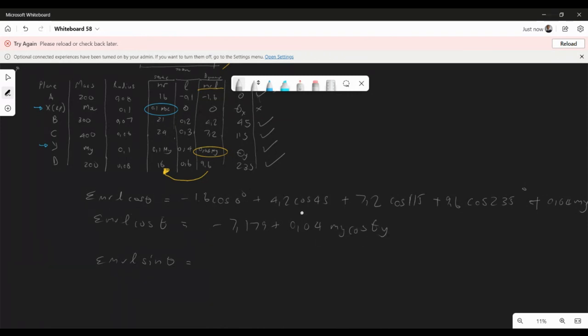Okay, so do exactly the same for the sine. That's my first equation. Do it for the second equation. The second equation you'll get basically something plus 0.04 my sine y.